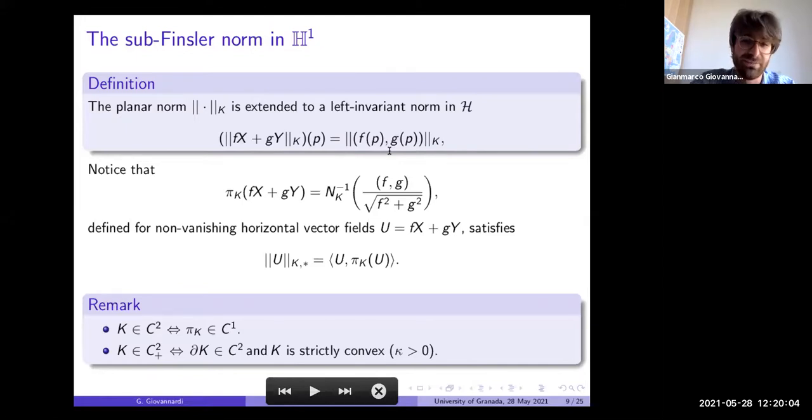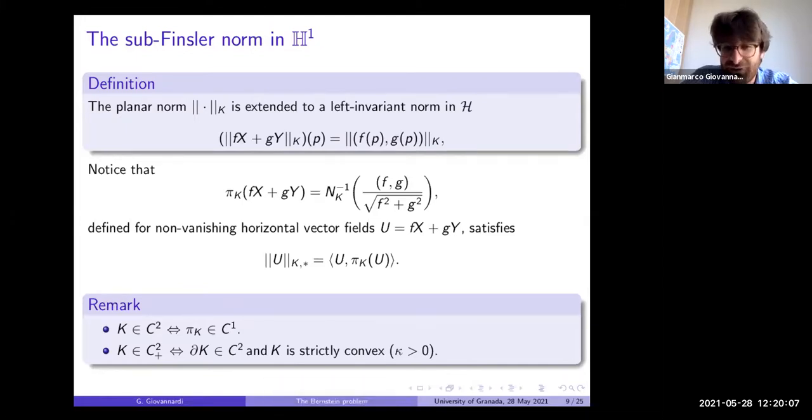So it's really simple. And for a vector, the pi K of this vector is the inverse of the Gauss map of the normalization of this vector. In general, the dual norm is the scalar product between u and pi K of u.